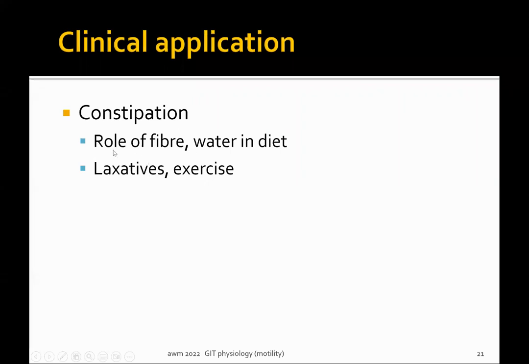The role of fiber. Fiber is dietary fiber, rather, that's the correct name. You have two different types: soluble fiber and insoluble fiber. Insoluble fiber is, for example, what is found in cabbages, in sukuma wiki. So what we chew, the cellulose that we cannot digest.